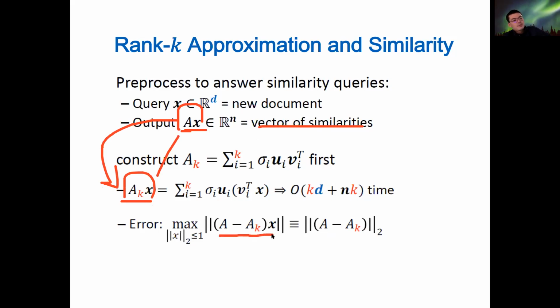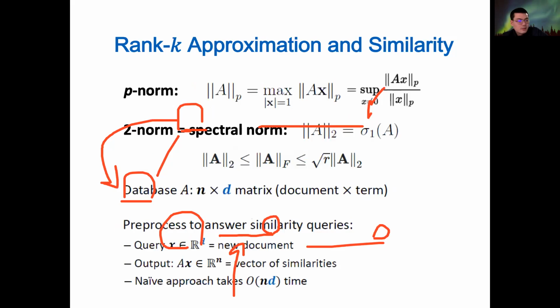But this thing is quite tricky because you can have different query documents, different x vectors. For different x, you will get different results, so the similarity difference vector will be different. But we told you that the matrix 2 norm is the upper bound. It's the max of this, because we define 2 norm in this way.